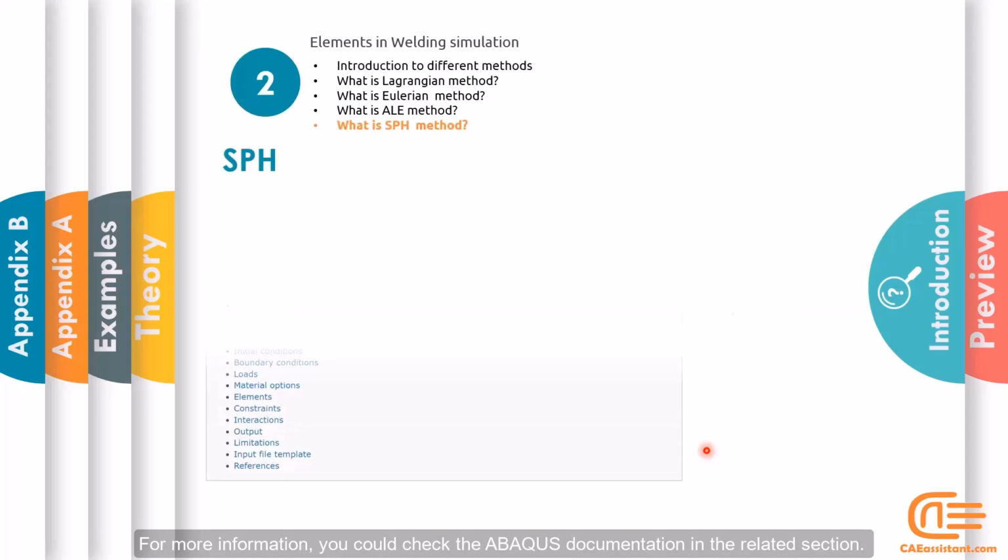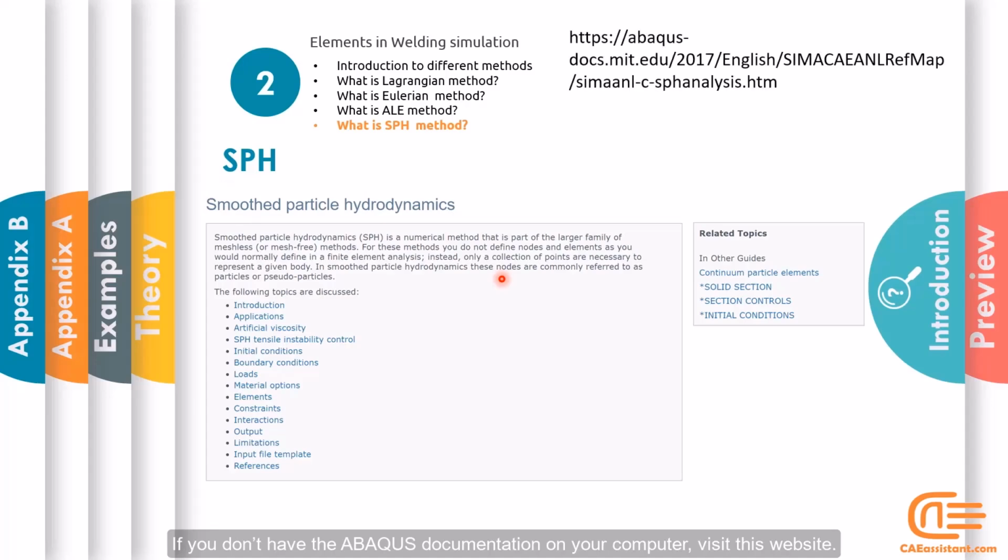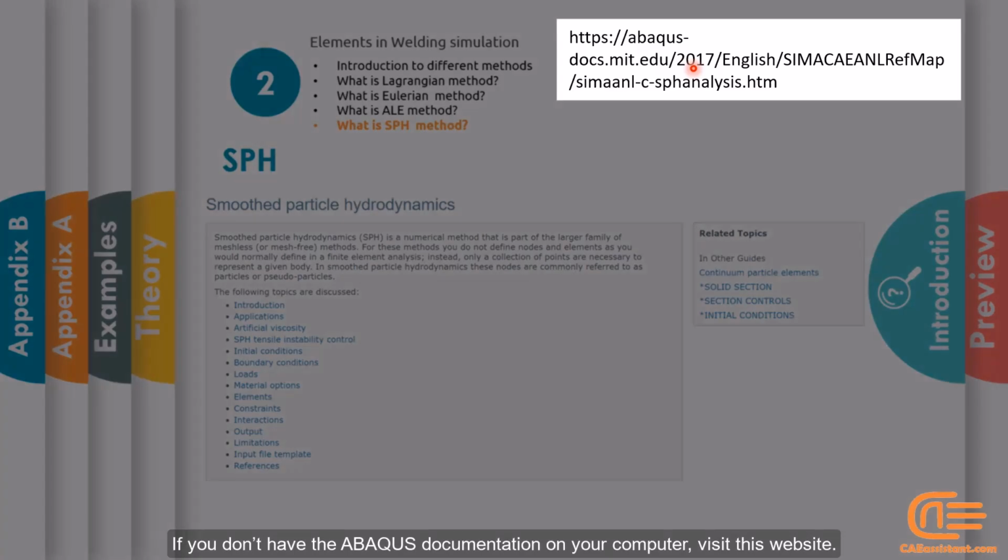For more information, you could check the Abaqus documentation in the related section. Here you can learn about its boundary conditions, loads, constraints, and so on. If you don't have the Abaqus documentation on your computer, visit this website.